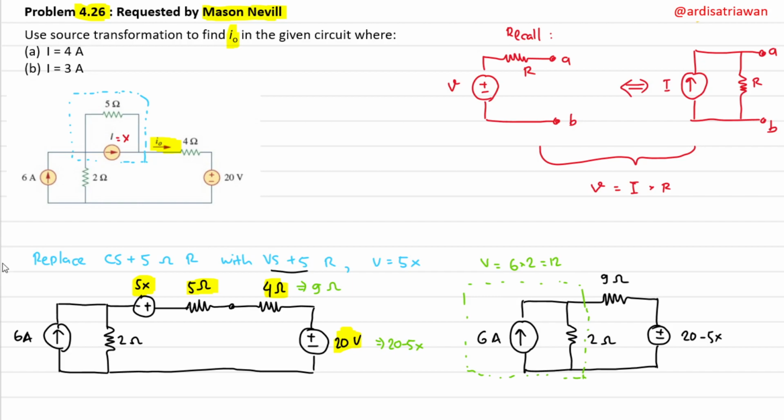Okay, let's have a new slide and redraw the circuit. So I have 12 volt voltage source, and then I will have a resistor, which the value is 2 ohm.